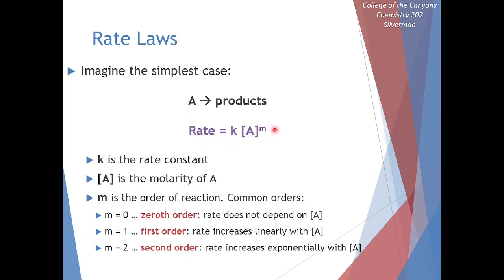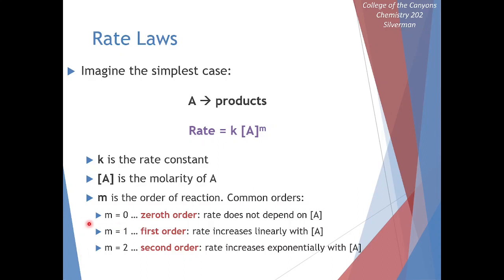Here we're going to call it M. This M is the order of the reaction, and there are a few values that are more common than others. Our reaction order is oftentimes 0 or 1 or 2. These are the most common. Occasionally we have negative numbers and occasionally we have fractions, but 0, 1, and 2 are the ones we will see most often.